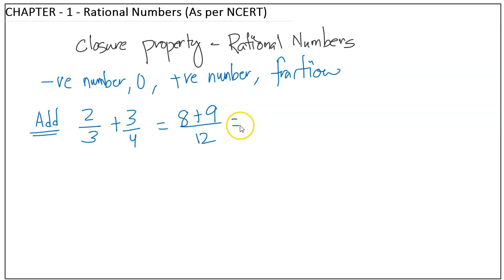So 9 plus 8, 17 divided by 12, or 17 upon 12. So this is another fraction, right? If I add two fractions, I get another fraction only, I'll not get anything else, correct? So in that way we say that the rational numbers are closed under addition.